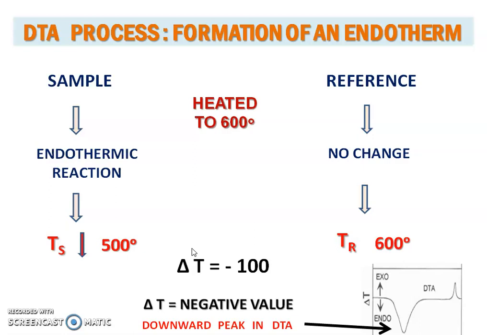I hope it's clear from this slide that for an endothermic process, the delta T value will be negative, and whenever we plot a negative value against temperature, the resulting curve will be a downward peak, also called an endotherm.